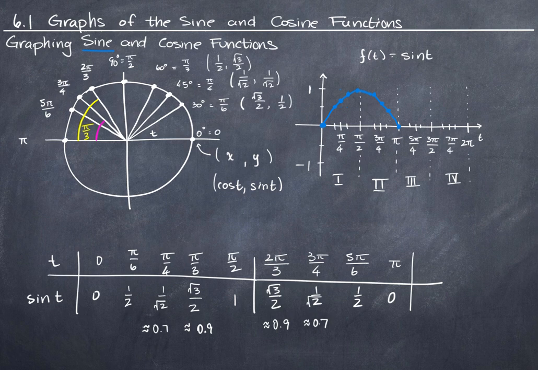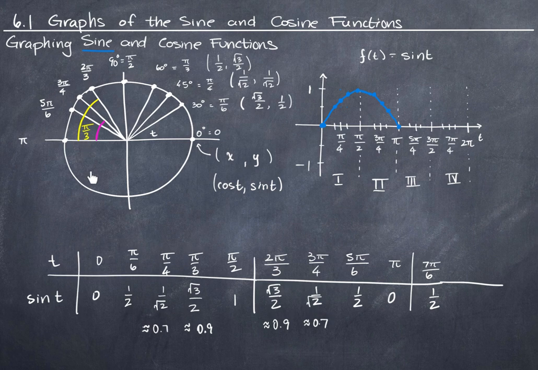All right. In the next quadrant, the same thing is going to happen. If I extend my chart here, and I have my next input value, which would be 7 pi over 6, then my output value is going to be the same as for the reference angle pi over 6, a half.